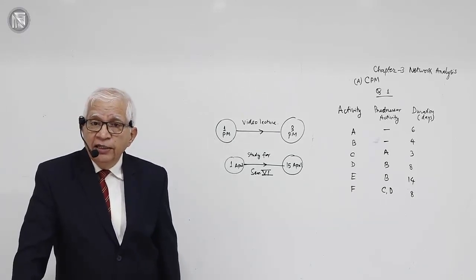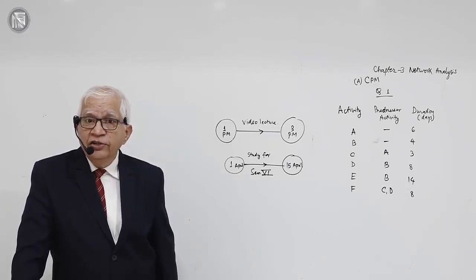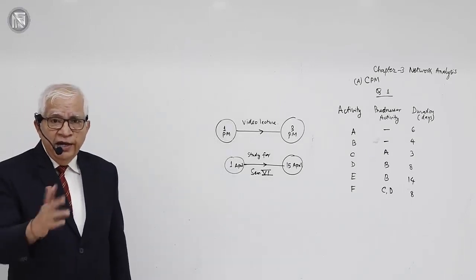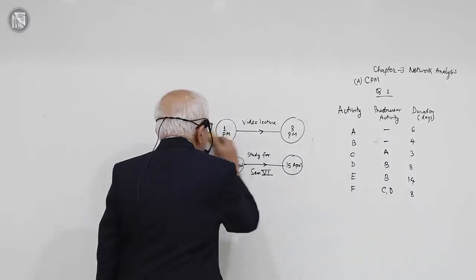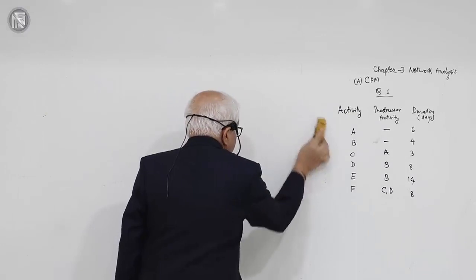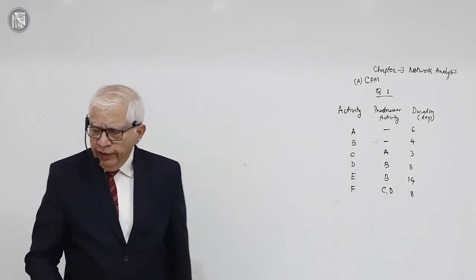Events mark either the beginning of an activity or the end of an activity. When the activity starts, it is a start event for the activity, and when the activity ends, it is the end event for the activity. Really speaking, there are only these two components in the drawing of a network: event and activity.